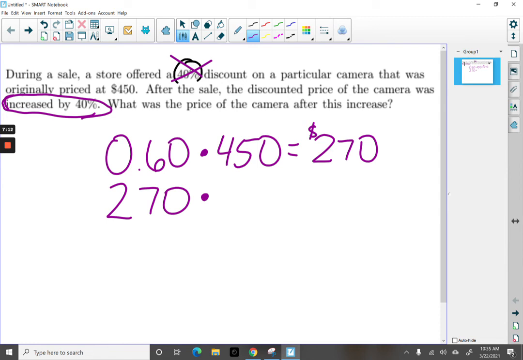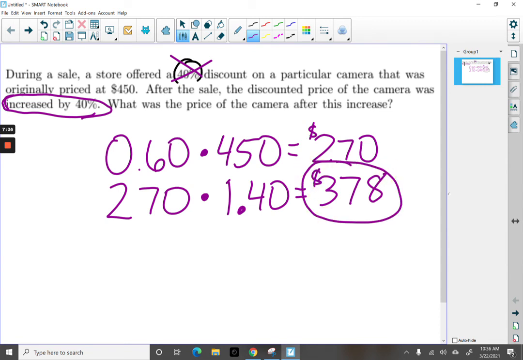Or if we are talking about 100%, we are adding an extra 40%. So we are actually going to multiply this by 140% right here. Which 270 times 1.4 does give us 378. Once again, same answer we had before, a little bit quicker.